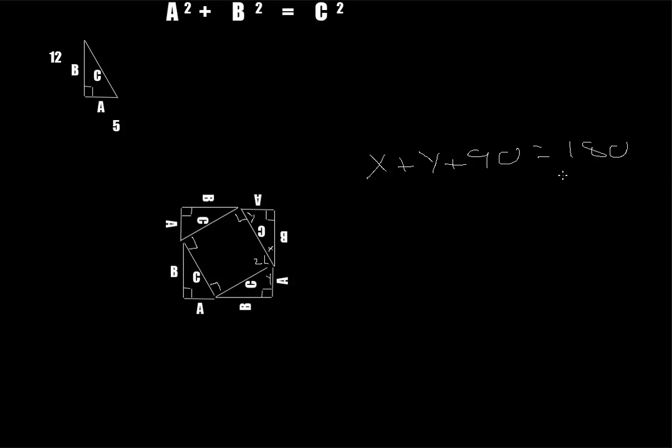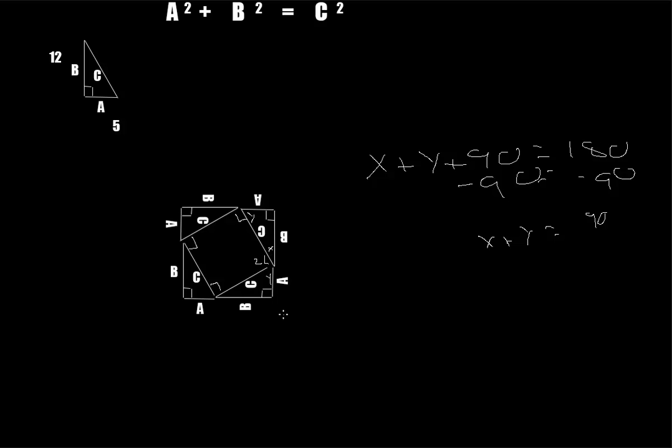So it's a linear equation. We just subtract 90 from both sides, and you end up with X plus Y equals 90. So that tells us when you add up angles X and Y, you get 90.